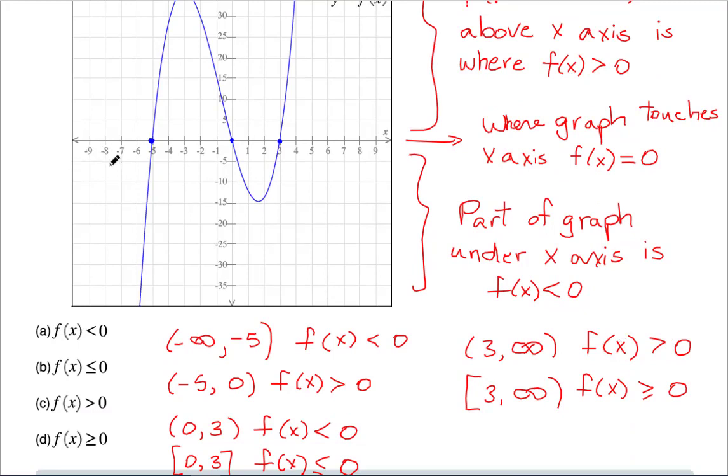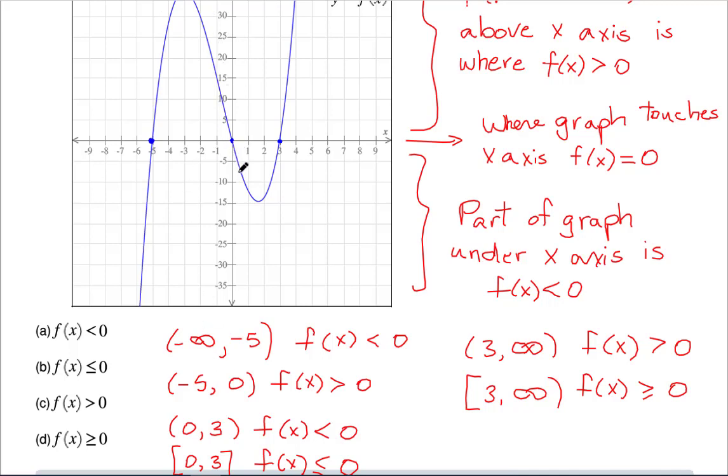Well, let's see. On this part, from minus infinity to -5, on this piece, where's the graph? It's under. So from minus infinity to -5, f is under. Alright, from -5 to 0, the graph is over the top.